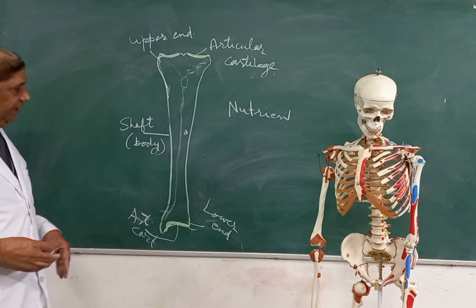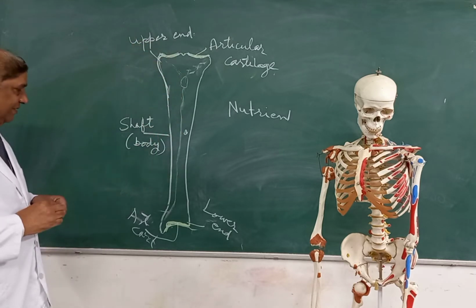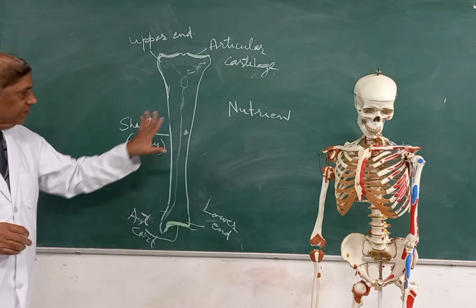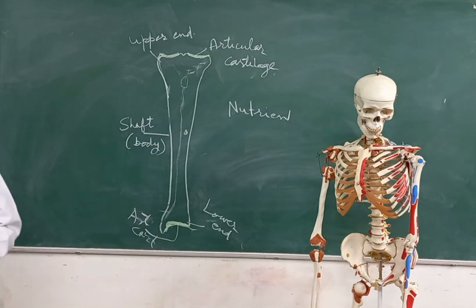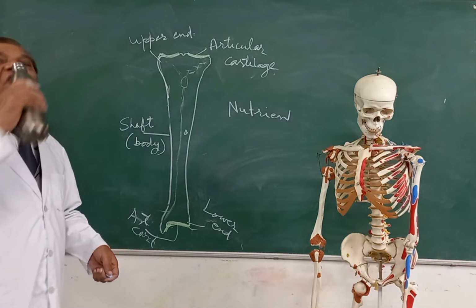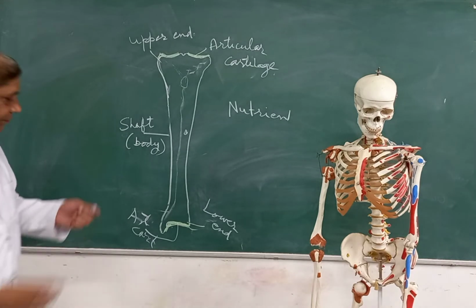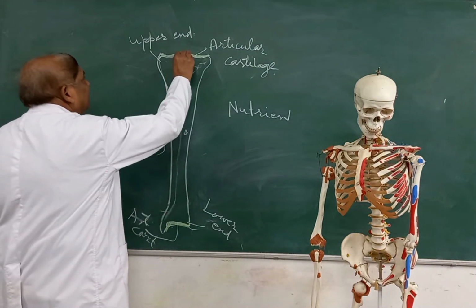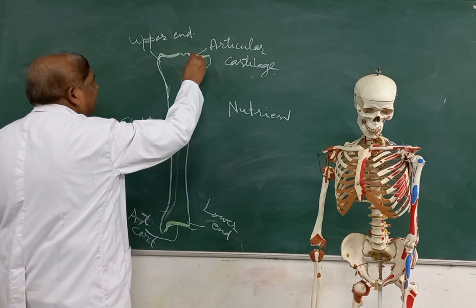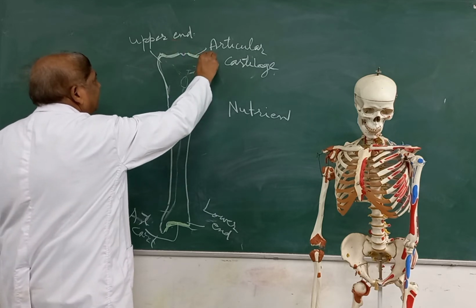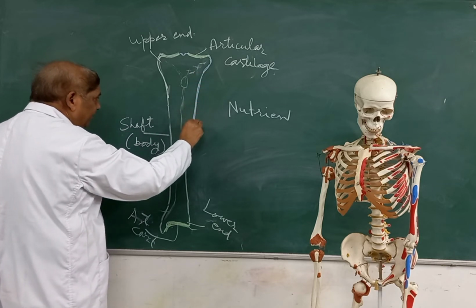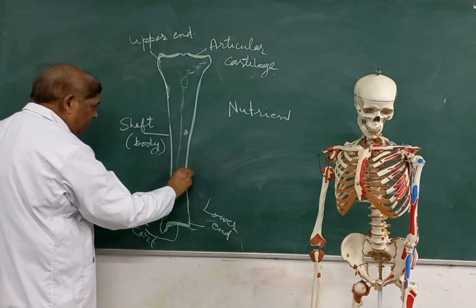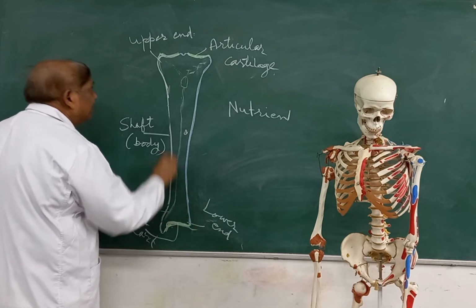Now, if we take a longitudinal section of this bone, except for the part covered at the end with the hyaline cartilage, you will see that the outer surface of a living long bone, not the dry bone, is covered by a membranous structure.